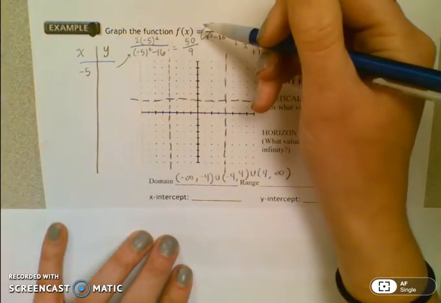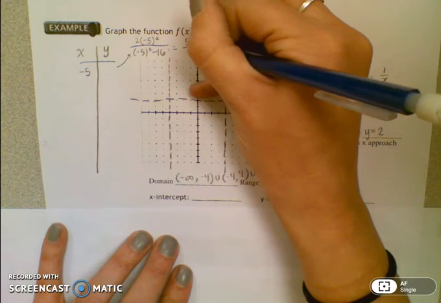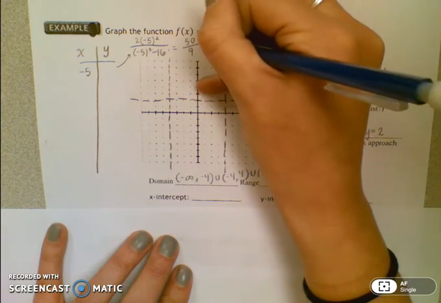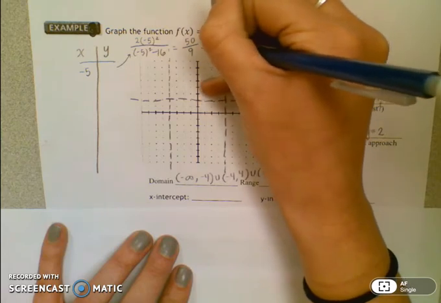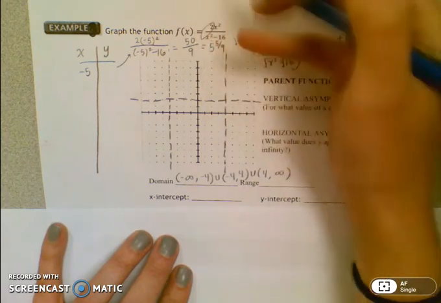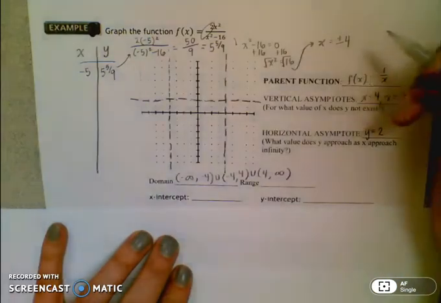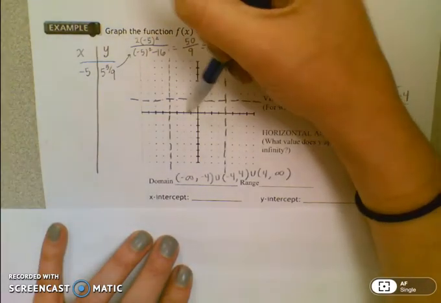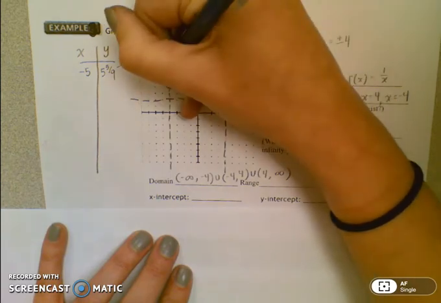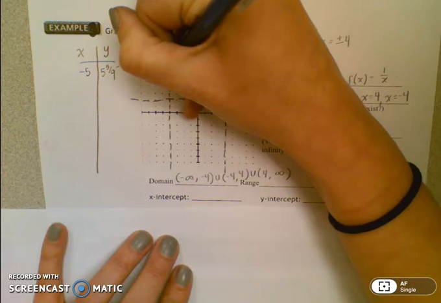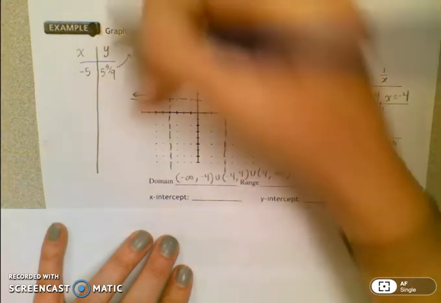And just like the previous day, I'm going to convert this to a mixed number, which is 5. 9 times 5 is 45, and then I need 5 more to get to 50. So positive 5 and 5/9. I'm going to plot that point, approximate it, which means my branch for the first interval is in the positive.